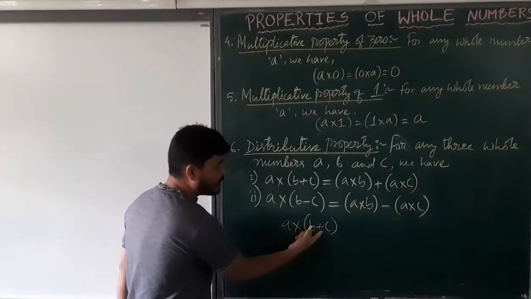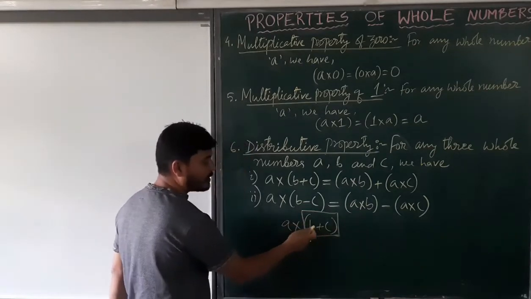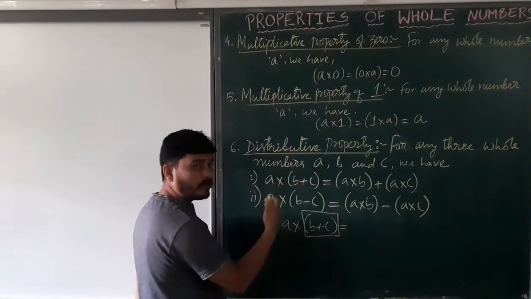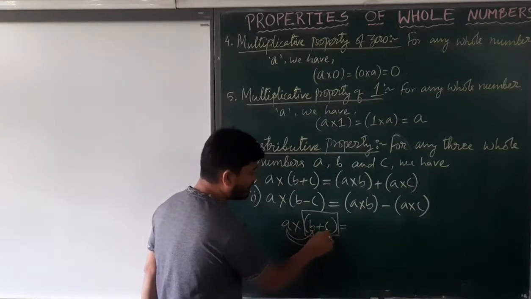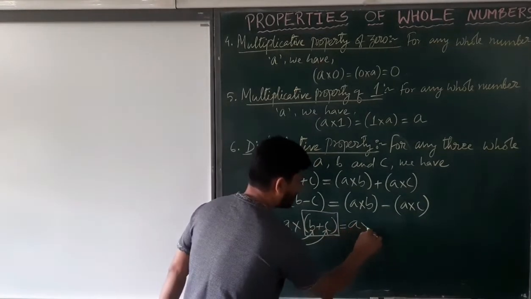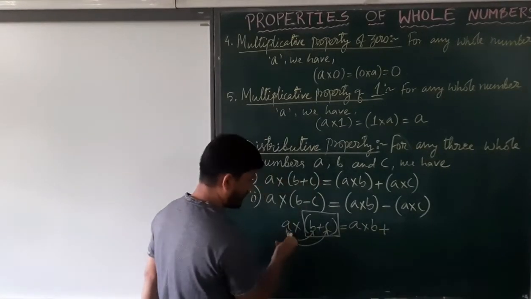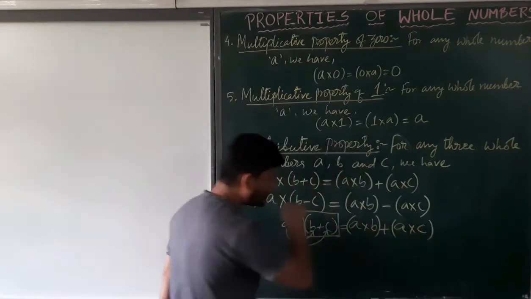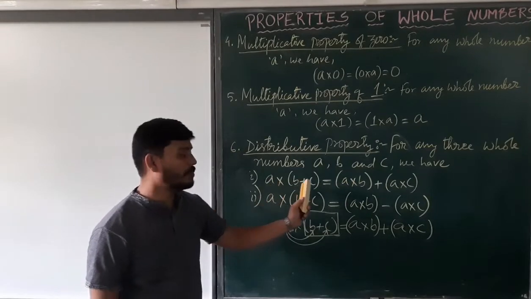Whatever is inside this bracket, all the terms are multiplying with a. So when we remove the bracket, a will multiply with each term inside the bracket, like this, a into b. Then since here is plus, plus will come, then a will multiply with c again. So this is how we get this from a into (b plus c).